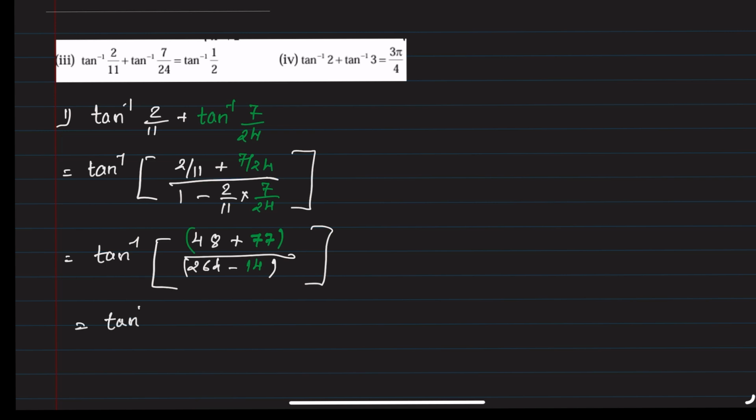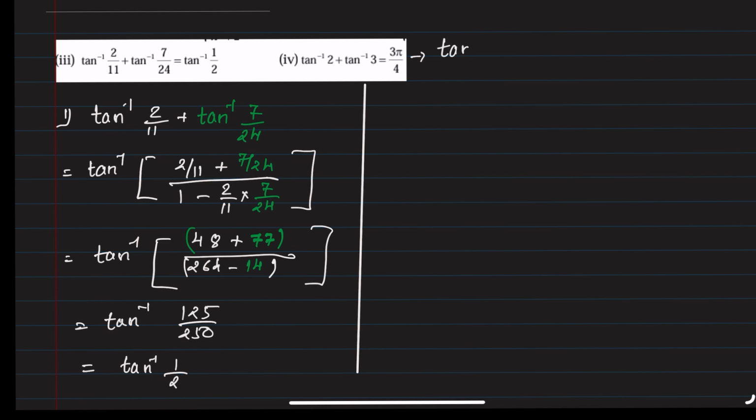Which is equal to tan inverse 125 upon 250, which is equal to tan inverse 1 by 2. Next, tan inverse 2 plus tan inverse 3.